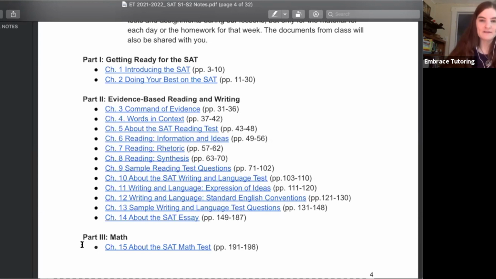Again, this document is the document you received in your first class from me, so you all have this and I don't need to provide it to you again. This is just taking a look at the SAT test makers, the College Board's breakdown of what each section entails.